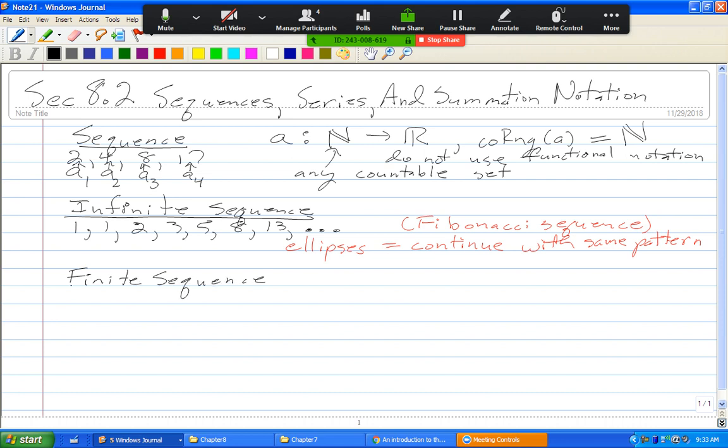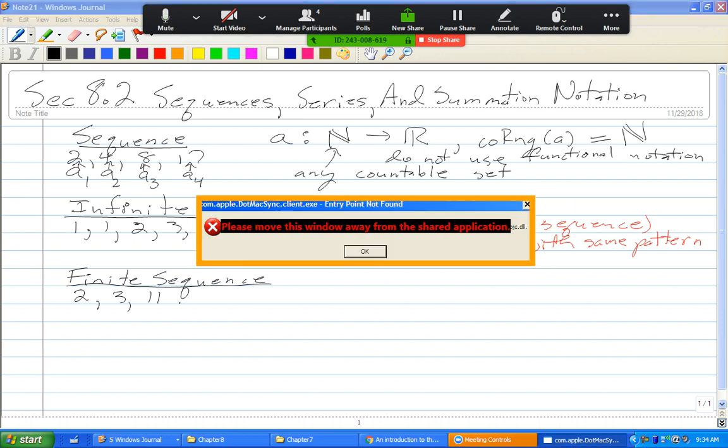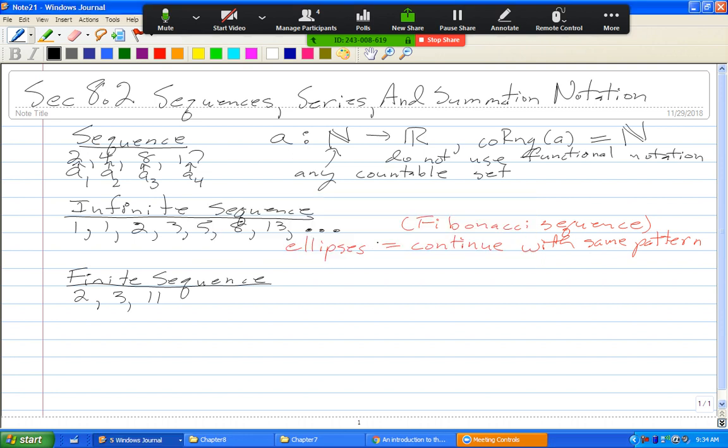A finite sequence is just a sequence that contains a finite number of terms, such as 2, 3, 11. That would be a finite sequence, just having a few terms.